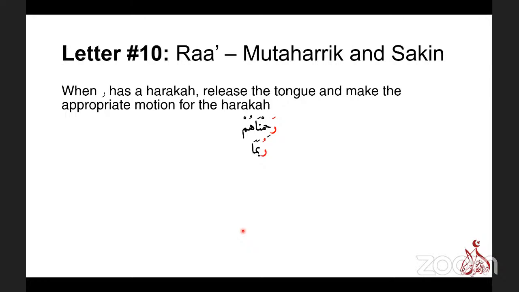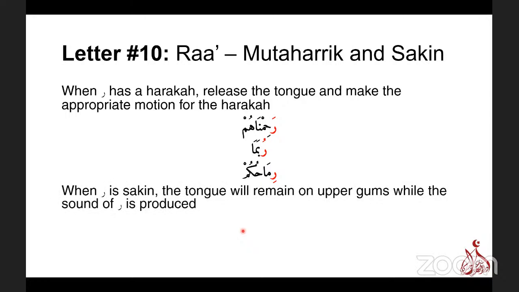You can kind of feel the air on top. I'm exaggerating a bit so you can hear it. The next example is with a kasra: Rima, Rimahukum. So those are examples with a fatha, dhamma, and a kasra.